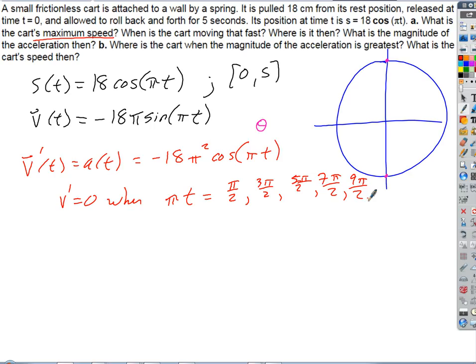So those are the cases where t equals 1 half, 3 halves, 5 halves, 7 halves, and 9 halves, right?